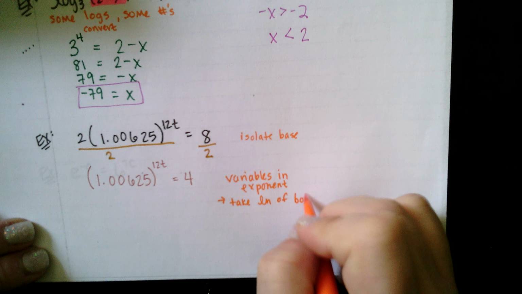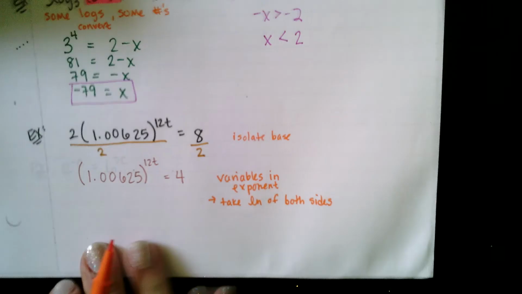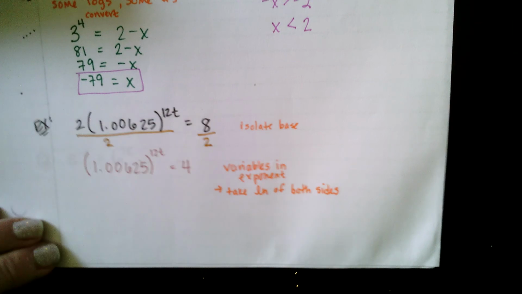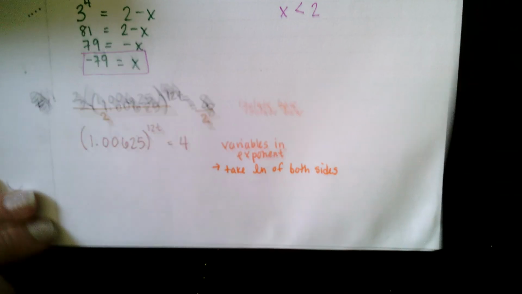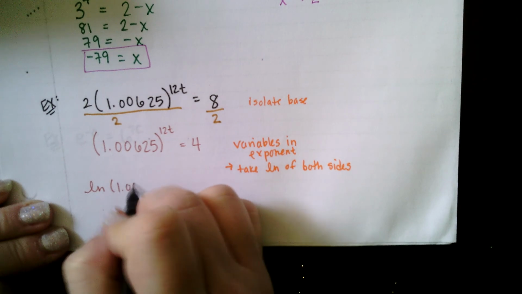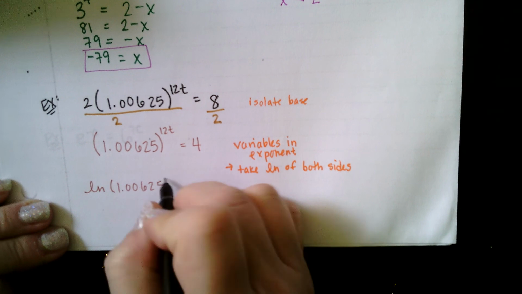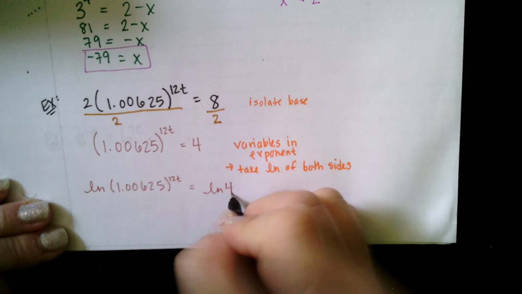I prefer natural log. That's just like my go-to instead of log, but you can definitely use common log. So I will then have the natural log of 1.00625 to the 12t power equals the natural log of 4.